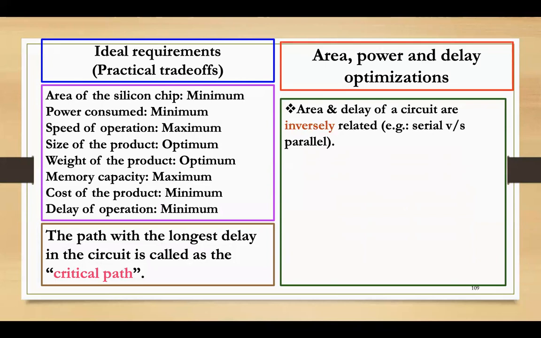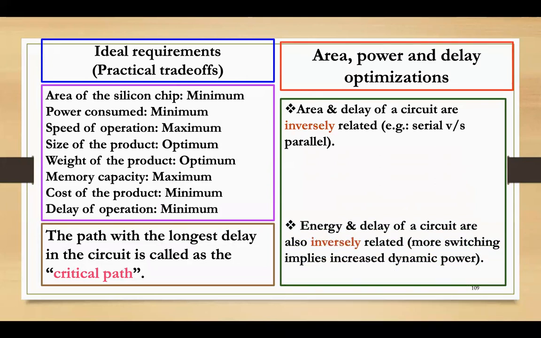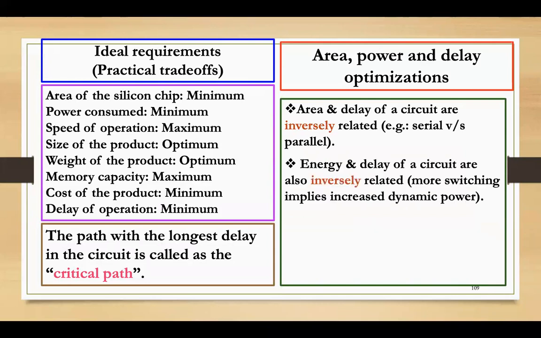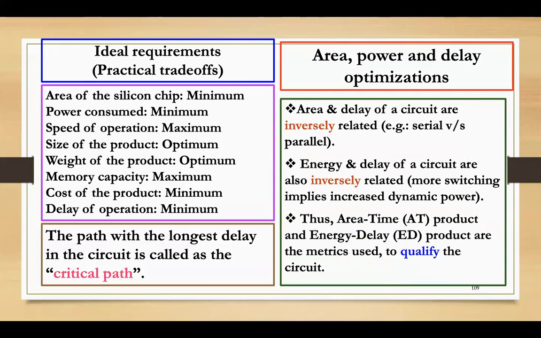So area and delay of circuit are inversely related, right? So the area required and the delay, they are inversely proportional. Energy and delay are also inversely proportional. And the area time product and energy delay product are the metrics used to qualify the circuit.